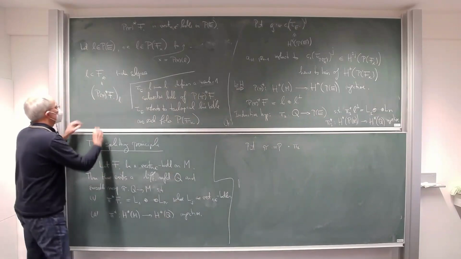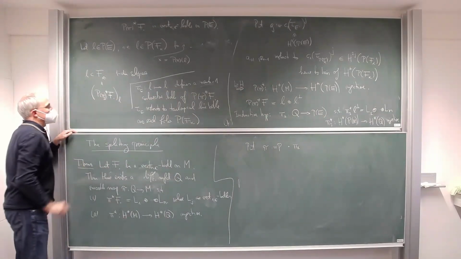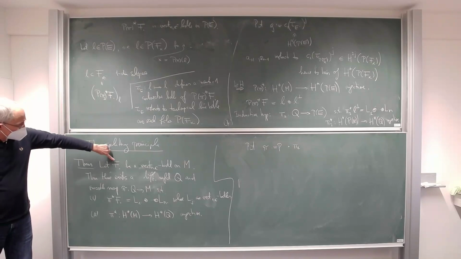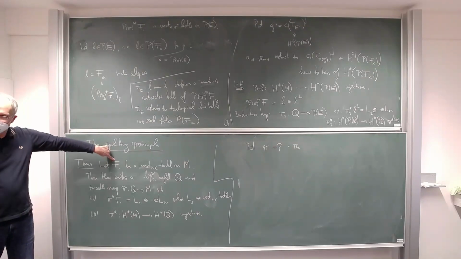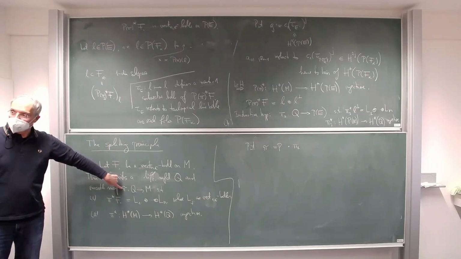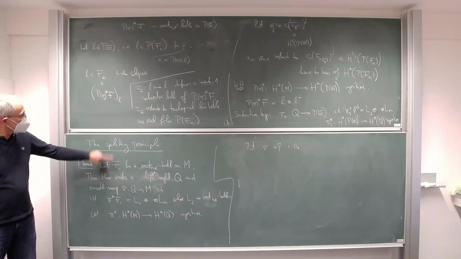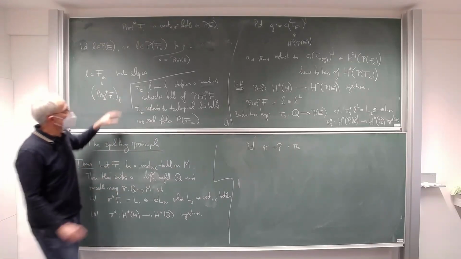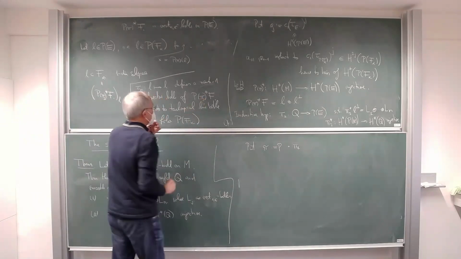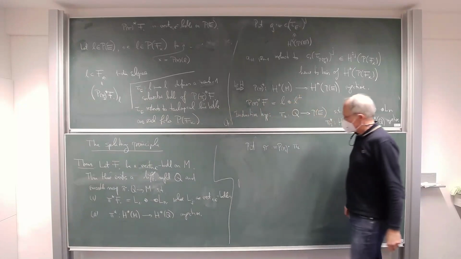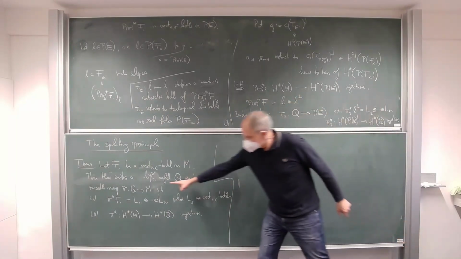So maybe I should have called the first projection map for the projective bundle pi 1. So the problem is I have called the projection map of the bundle pi, and then this collides with this pi that I want to get. So if I call the projection map pi 1, then I have a pi 1 everywhere here, and I call this pi, which gives me this.